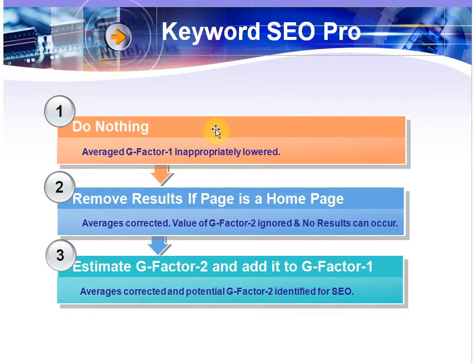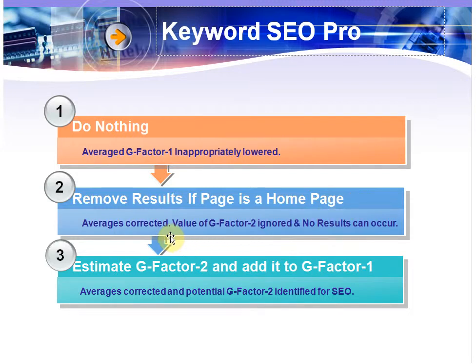The first was to do nothing. The problem here is that the averaged G-Factor 1 would be inappropriately lowered, and this might suggest that the keyword difficulty is easier to overcome than is actually the case. The second option was to remove all results if the page involved is a home page.